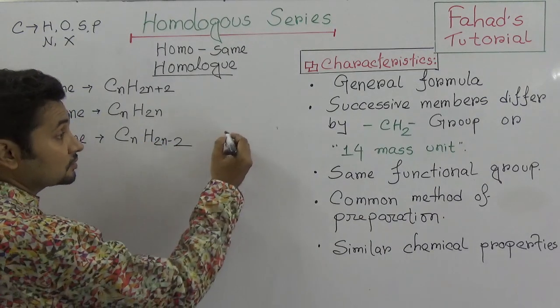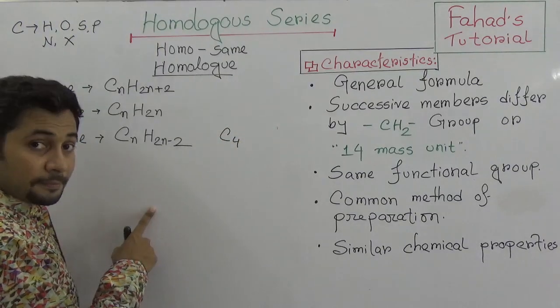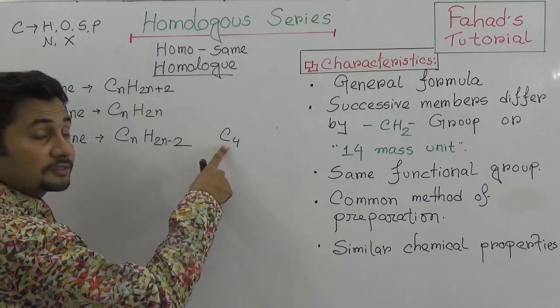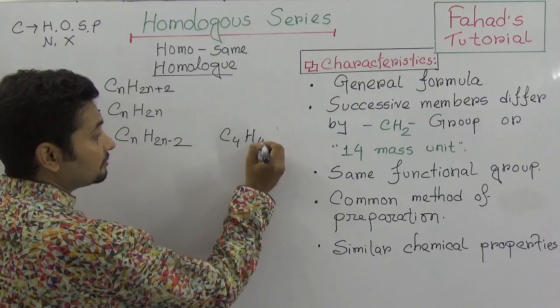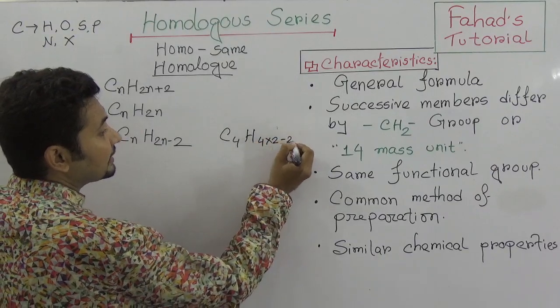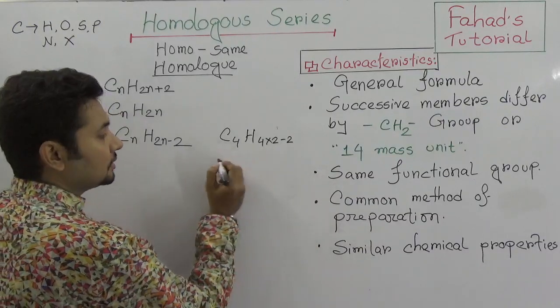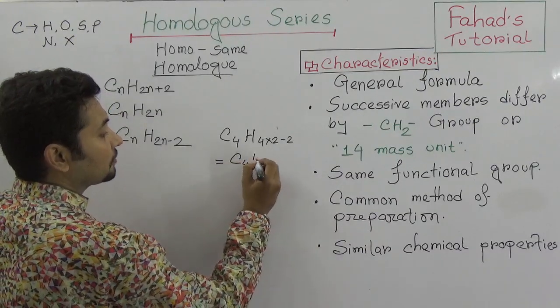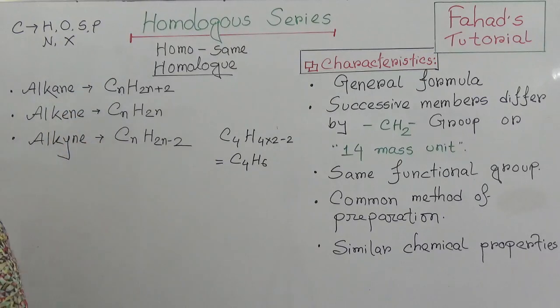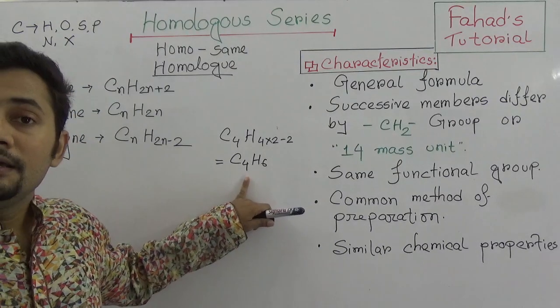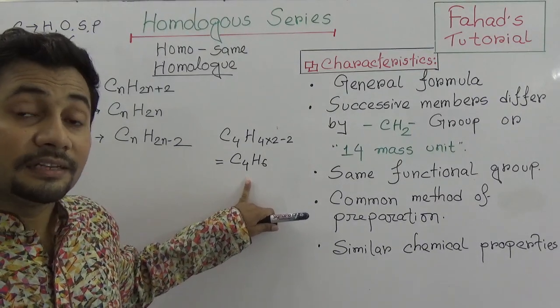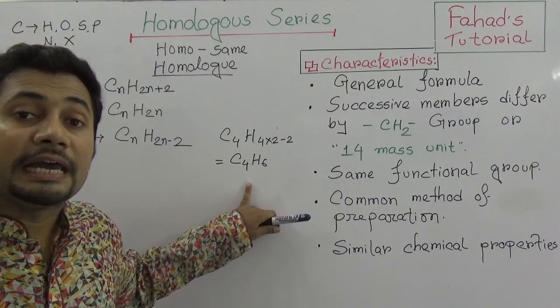Simple. If there are 4 carbons, then hydrogen would be 4 times 2 minus 2. So 4 times 2 is 8, minus 2 is 6. So it should be C4H6. So the name of this compound is butyne.